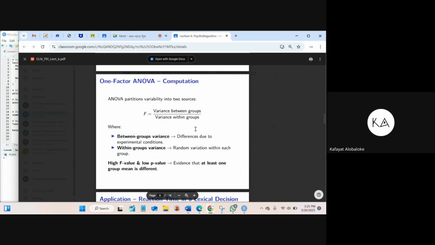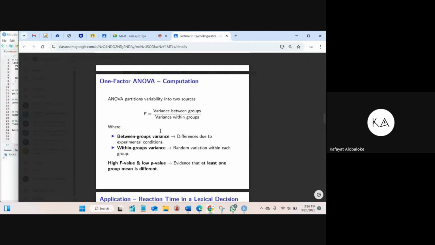Now, the F in this case is the F statistic that's used to measure the analysis of variance. The F statistic helps to determine whether group means are different or not.